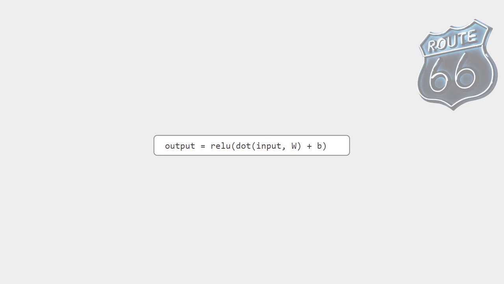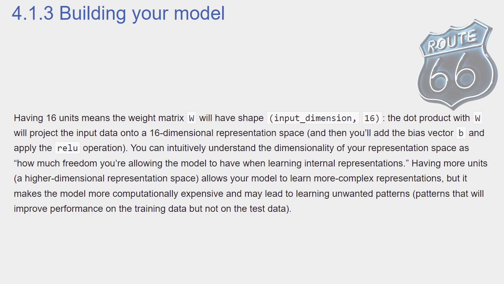You remember from chapters 2 and 3 that each such Dense layer with a ReLU activation implements the following chain of tensor operations. Having 16 units means the weight matrix W will have the shape (input_dimension, 16). The dot product with W will project the input data onto a 16-dimensional representation space, and then you'll add the bias vector b and apply the ReLU operation.